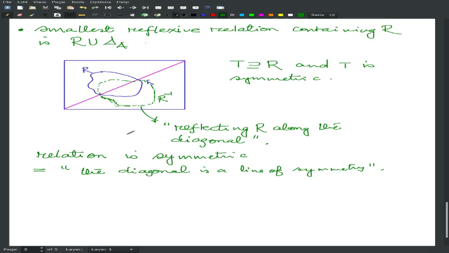Okay, let me give you again. If you intersect it with the diagonal, see, the intersection is a procedure which makes it smaller. The set is going to be reduced.